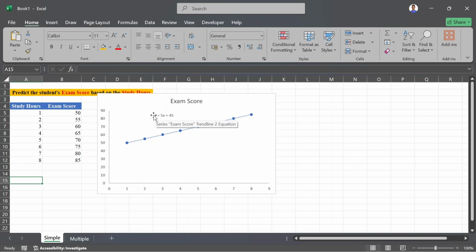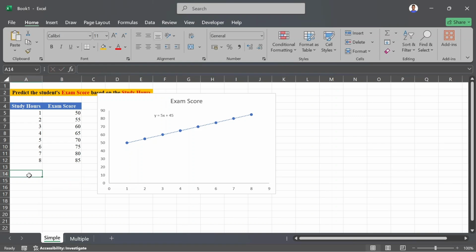Here the beta naught is 45, and the beta 1 is the 5 over here. So if we want to predict the score for 10 hours of study, it means that we are going to have 5 multiplied by 10 hours and then plus the intercept, which is 45.